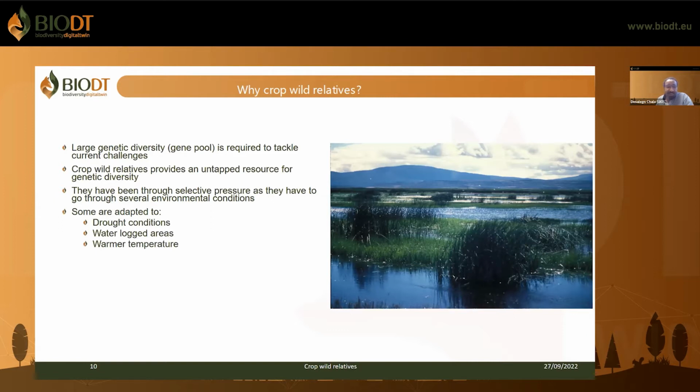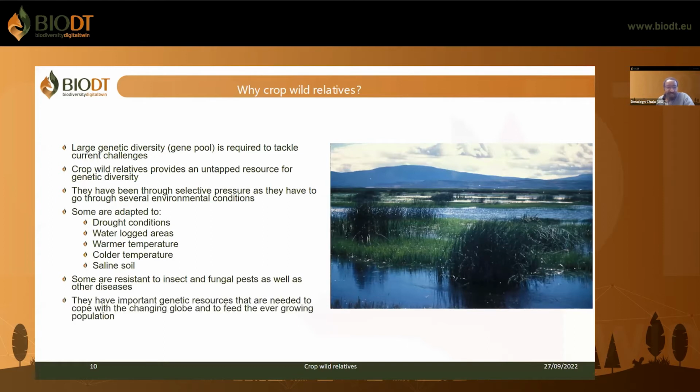Others are adapted to warm temperature and cold temperature, and some others are adapted to saline soil, while others are adapted to acidic soil. Some are resistant to insect and fungal pests as well as other diseases. And because of that, they have important genetic resources that are needed to cope with the changing globe and to feed the ever-growing population.